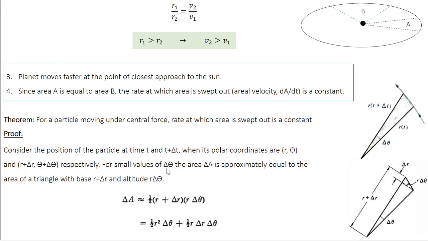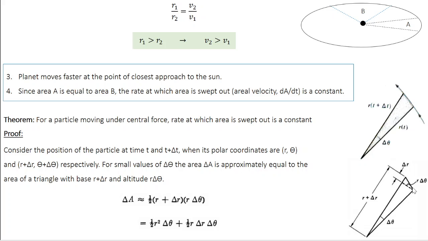Now for small values of delta theta, you can approximate this to a triangle, right? Even though this is an arc, if this angle is very small, then you can approximate this arc to a straight line. So you have a triangle. This angle is delta theta, and this side is going to be r plus delta r.